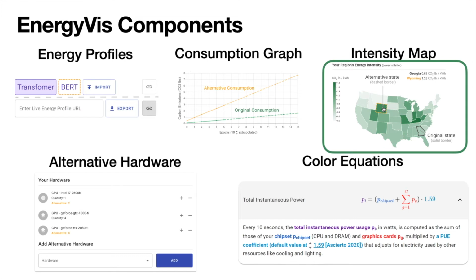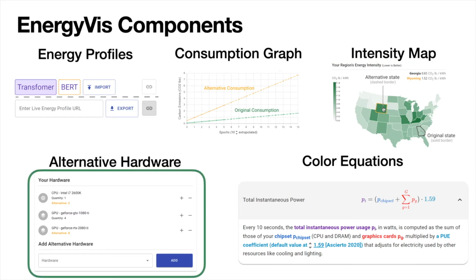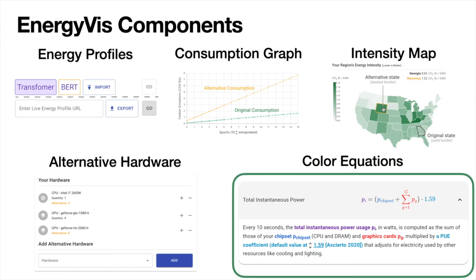The Energy Intensity Map component allows users to explore alternative regions with cleaner energy sources. The Alternative Hardware component allows users to explore alternative hardware configurations. And finally, the Color Equation component allows users to interactively explore how their emissions and energy are being calculated.